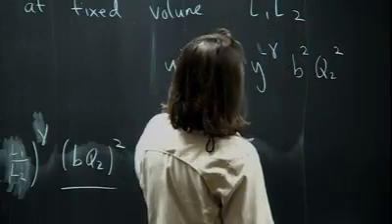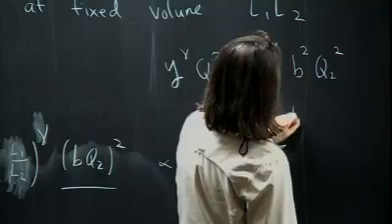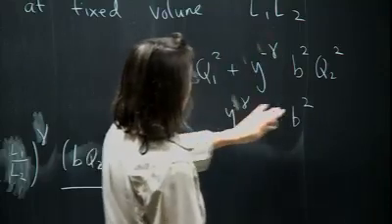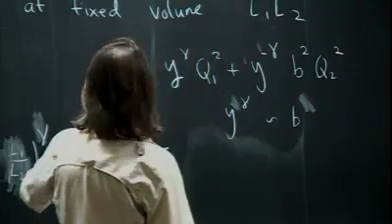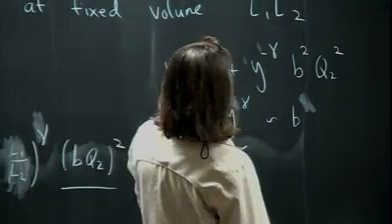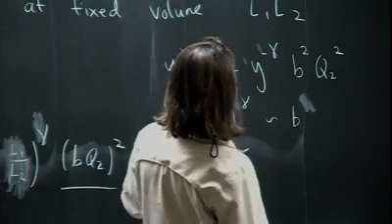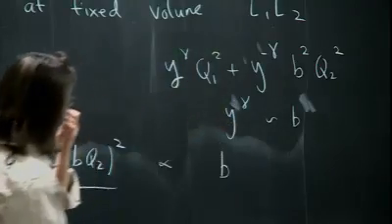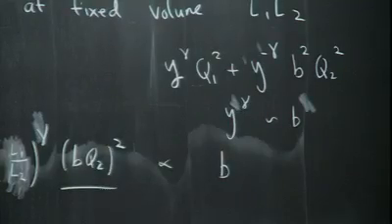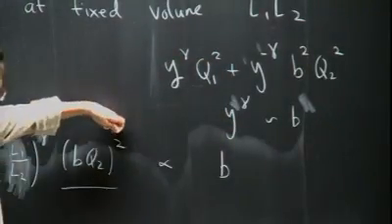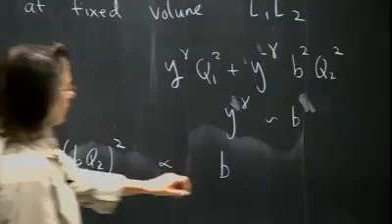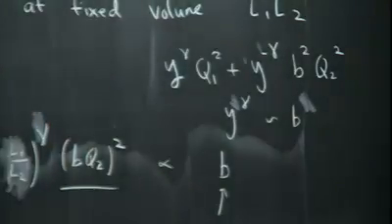You can see that y to the 2 gamma will scale like b squared, or y to the gamma will scale like b. And so the potential goes linearly with b. I've done this right for general gamma. And so rather than going quadratically, like b squared, it goes like b, once you solve for the heavy mode.